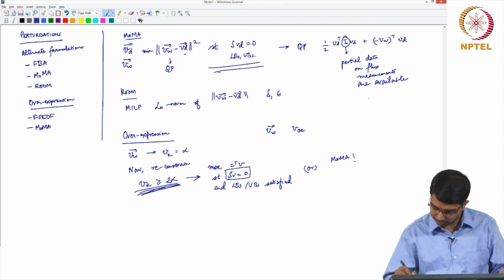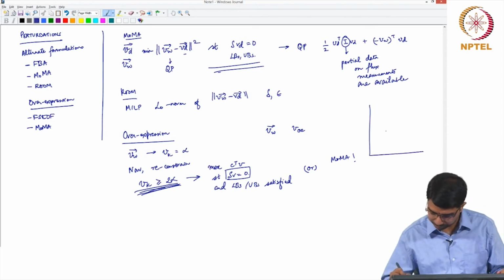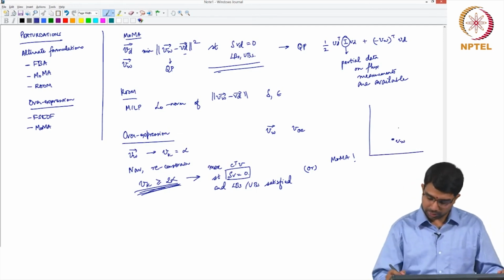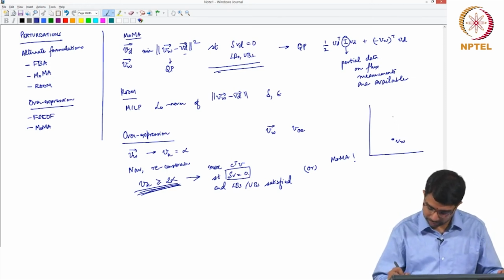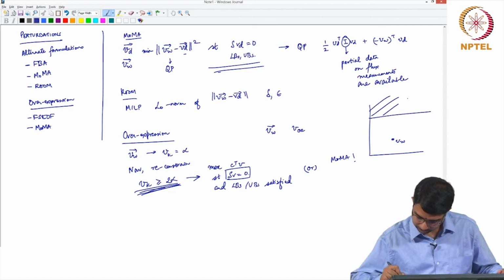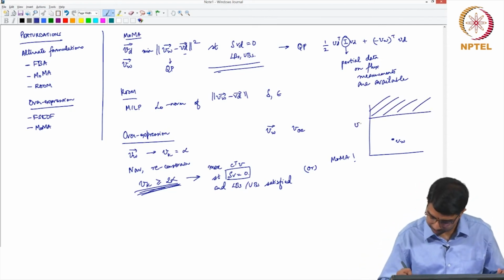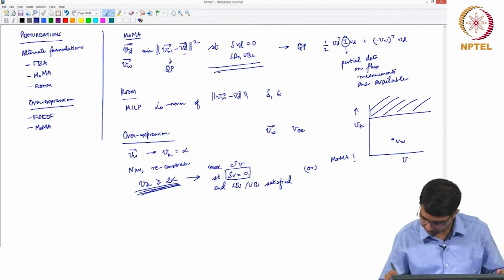So let us see if we can capture it geometrically. Let us say this is VW, right. So now I am saying find something here, right. Let us say this is Vk and let us say Va or something.